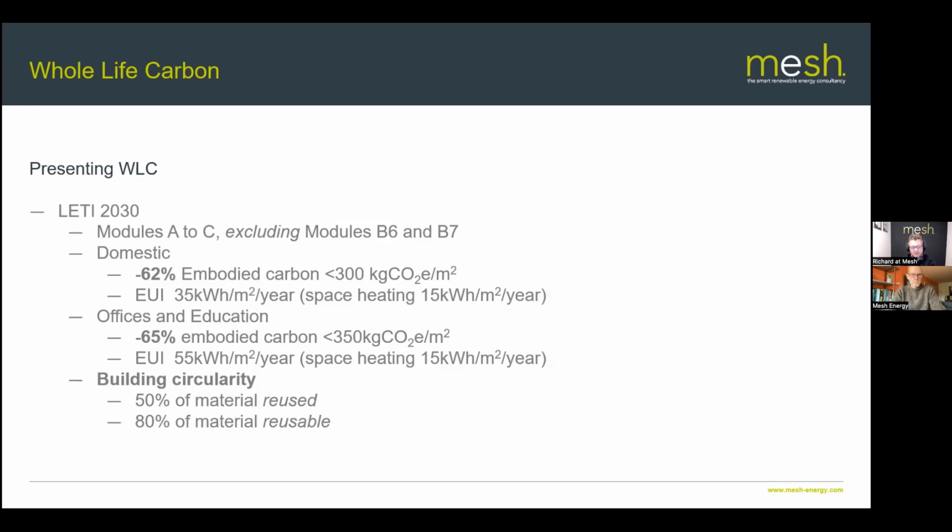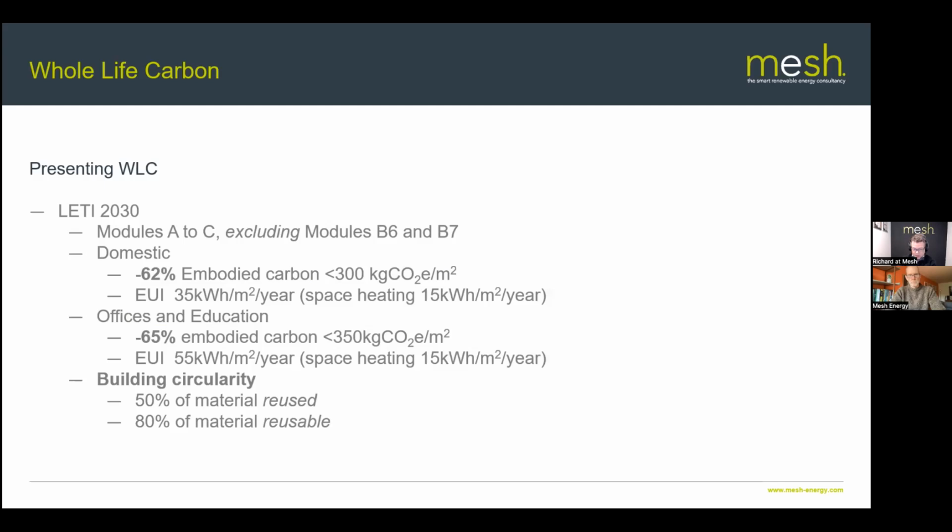And it's looking for at least a 60% reduction in embodied carbon compared with the baseline today. I think the business as usual embodied carbon figure is somewhere around 1,200 kilograms of CO2 equivalent per square meter. So it's quite a significant change. And it also ties in with reducing the energy use intensity as well.